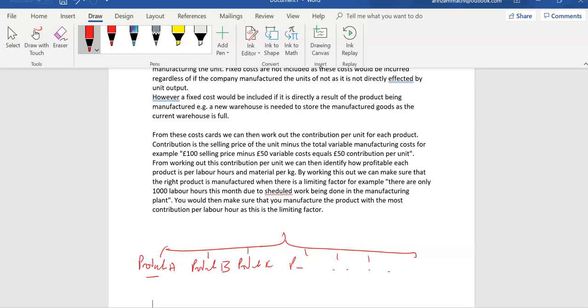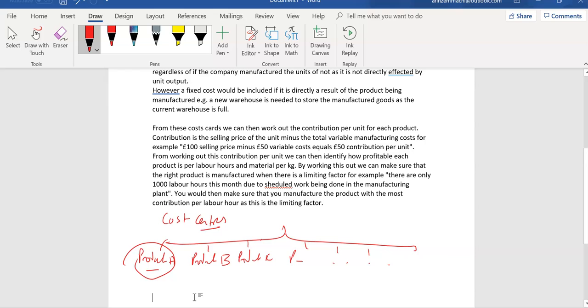So we take things into their own different cost centers, so we know who's responsible for each product.